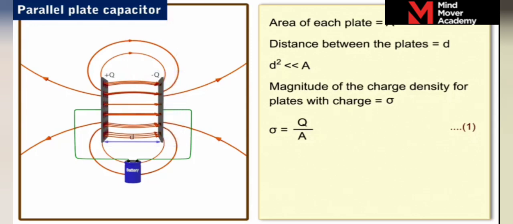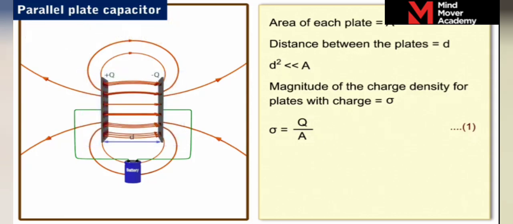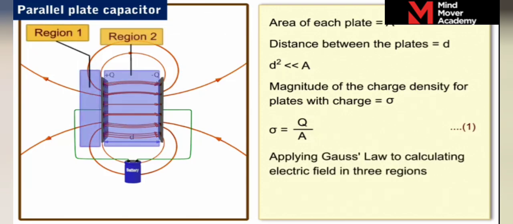Let us now calculate the electric field in the regions 1, 2, and 3 with respect to the capacitor. We do this by applying the Gauss law.